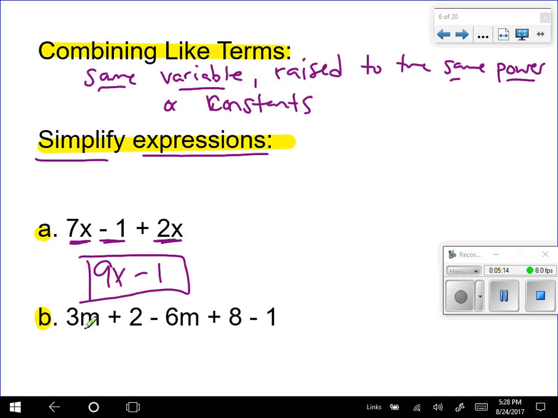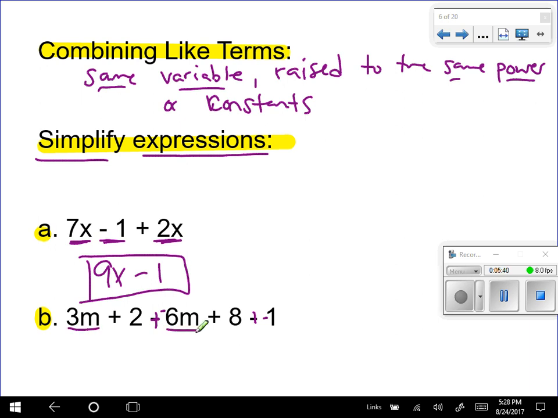So for B, I have 3m plus 2 minus 6m plus 8 minus 1. When I have a lot going on, I like to make sure that I have just all addition all across the board. So I go through and change subtraction to addition and change the sign of the next number, just so I can make sure that I'm doing everything correctly. So now my like terms. I always try to underline my like terms.